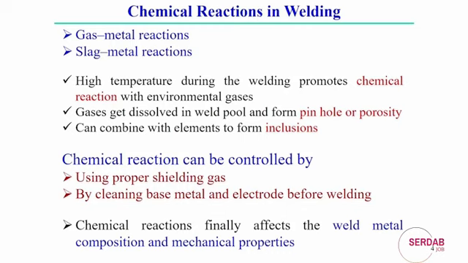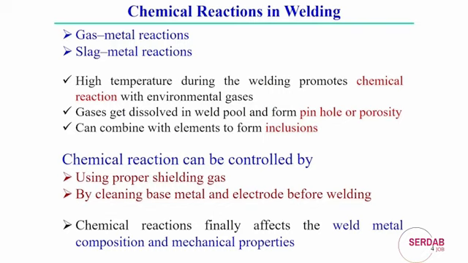Another way this chemical reaction can be reduced is simply by cleaning the base metal, because in most cases we find a layer of metallic oxides, and of course we use several electrodes during the welding process.